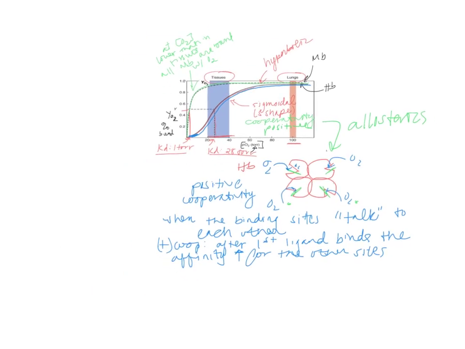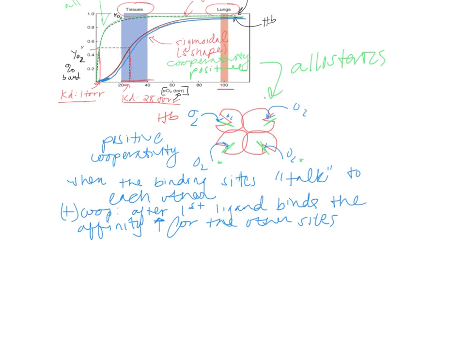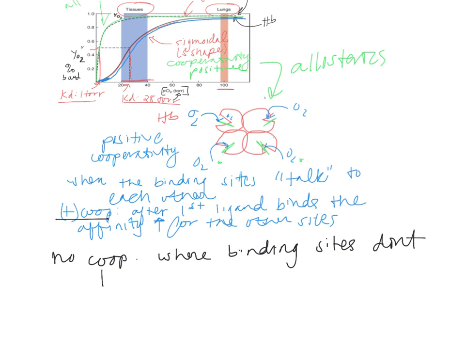Myoglobin, the hyperbolic shape curve, is no cooperativity. So we can have positive cooperativity, we can have no cooperativity. That's where the binding sites don't talk to each other.